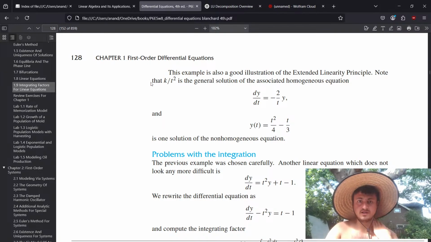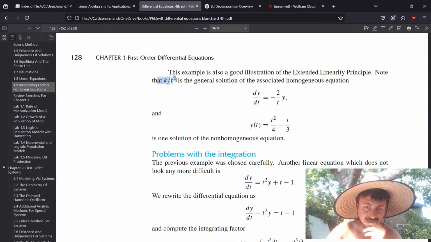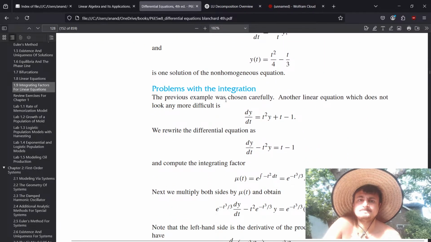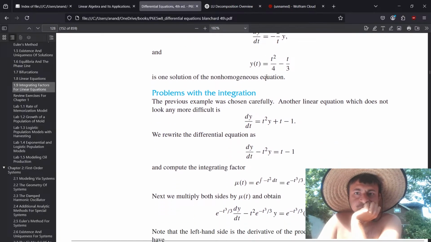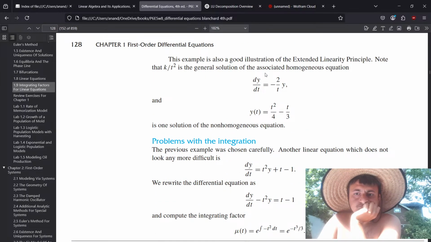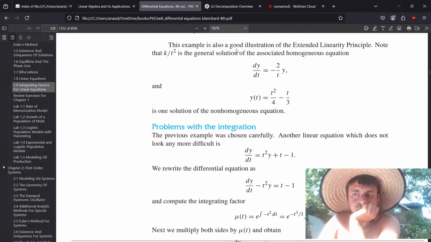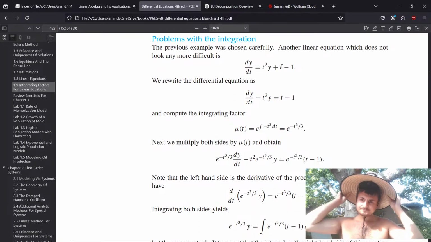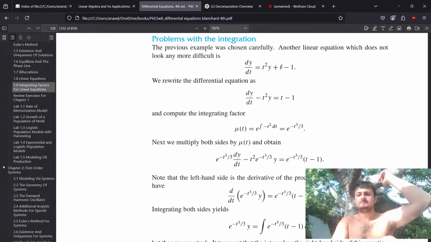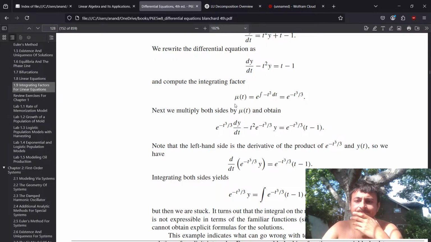Okay, yeah. All right, I was just verifying that this was the solution to the homogeneous equation, and it is.